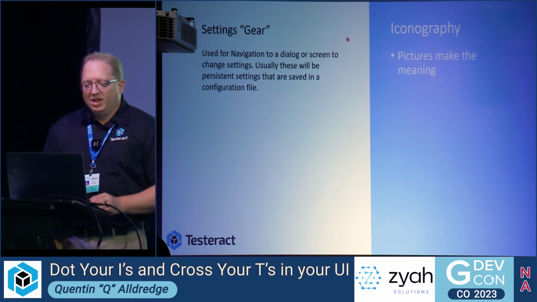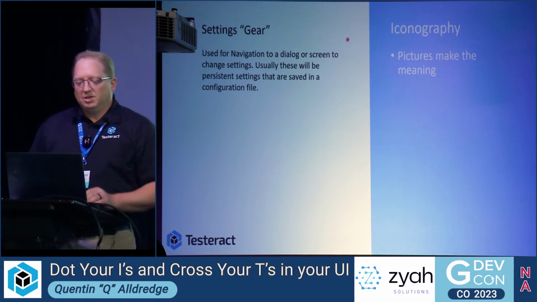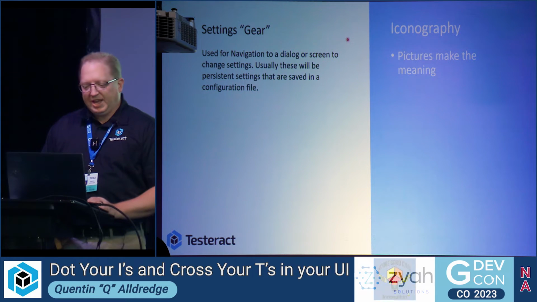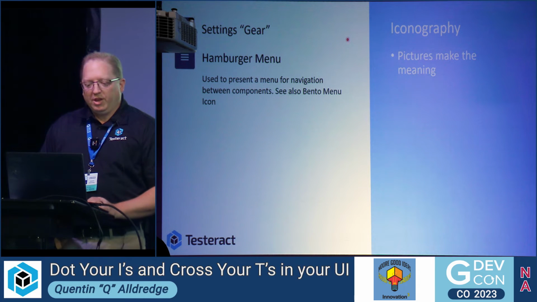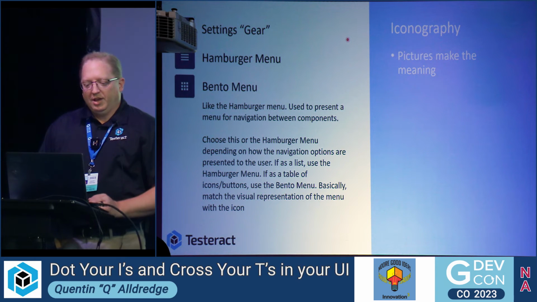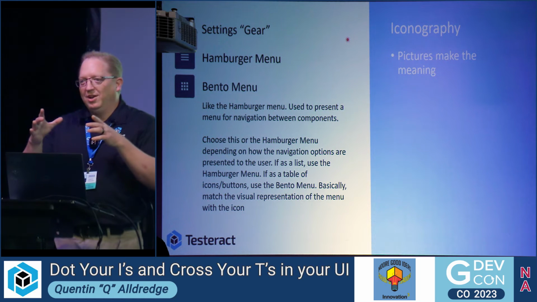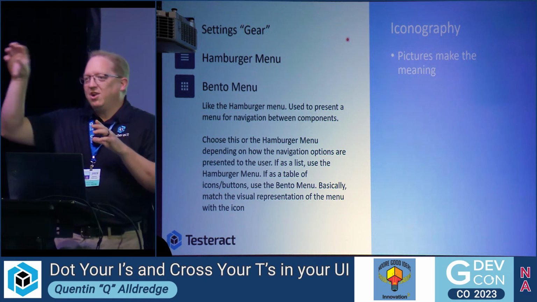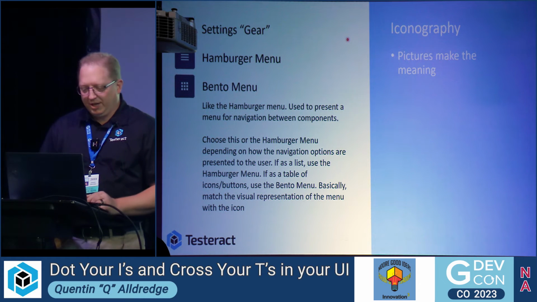On iconography, let's use some standard icons. A gear is to set up a dialog for settings or other options. A hamburger menu is just a list of navigation items. A different type of menu is called a bento menu, after the Japanese dinner boxes with all the different compartments. That would be like having an icon menu with lots of different sections that they could go to.